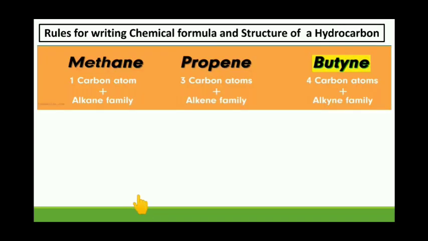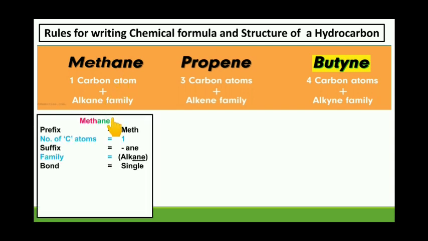Now let us see these rules of writing the chemical formula and structure of a hydrocarbon by comparing between the examples of alkane, alkene and alkynes. Let's take example of alkane, methane. Now look at the name carefully. Methane. Meth shows that there is 1 carbon atom, and ane shows it is an alkane family member.